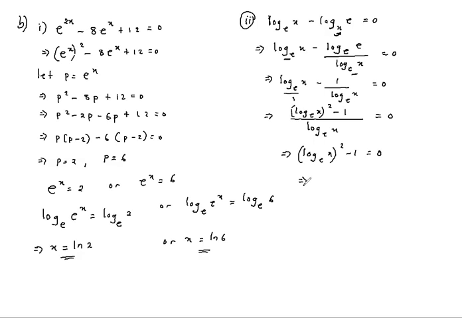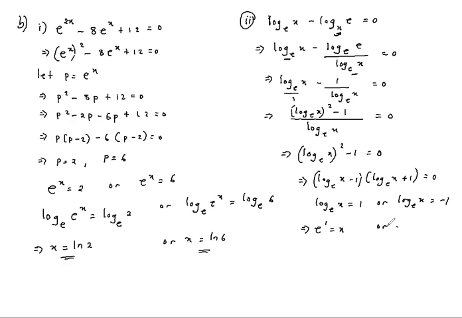Then difference of two squares, we'll have (log x minus 1)(log x plus 1) is 0. So that log x is 1 or log x is negative 1. Now from the first one, you raise it to exponential, it will be e power 1 is x.